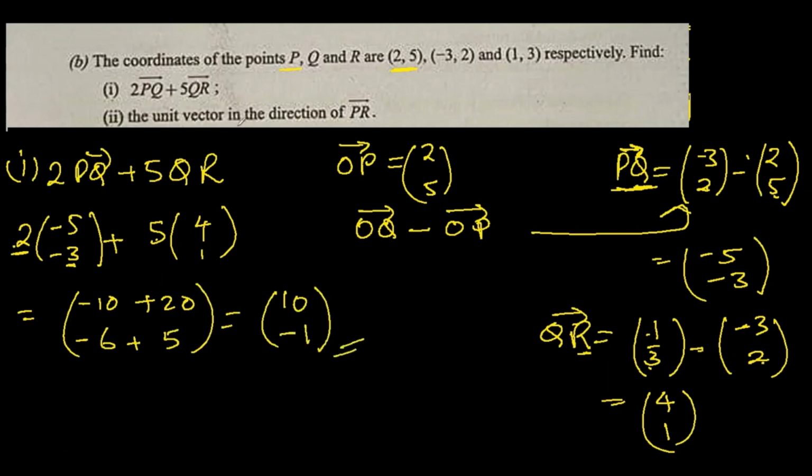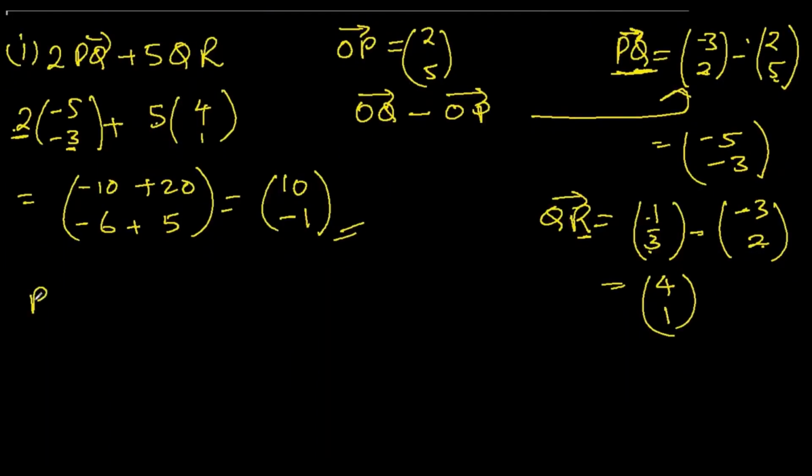Next, the unit vector in the direction of PR. We don't know PR right now, so PR will be PQ plus QR. We know PQ and QR both.